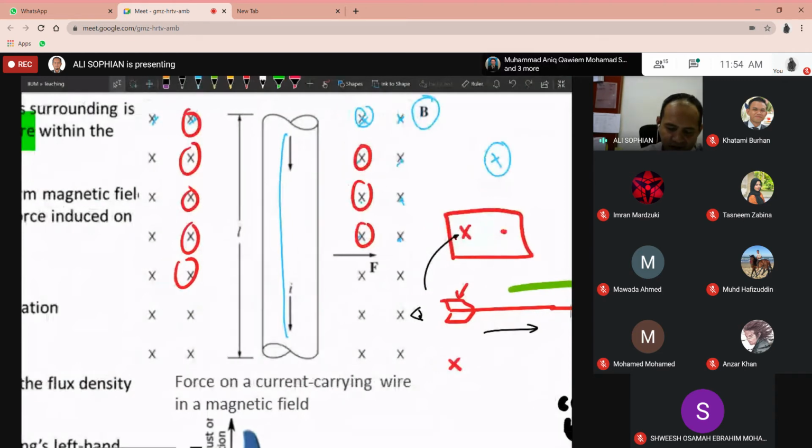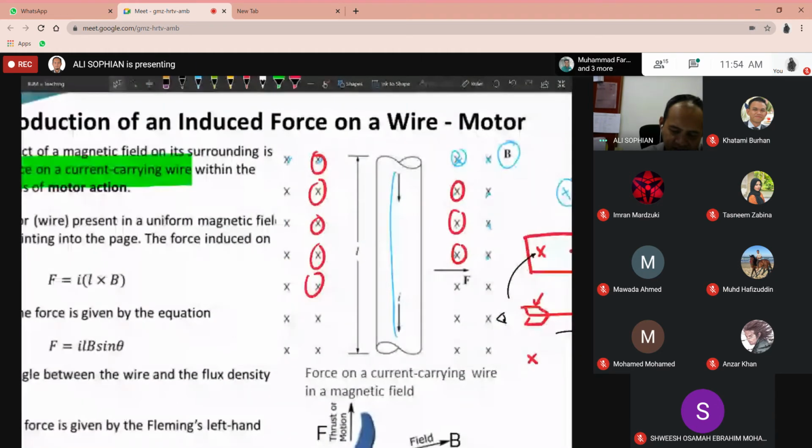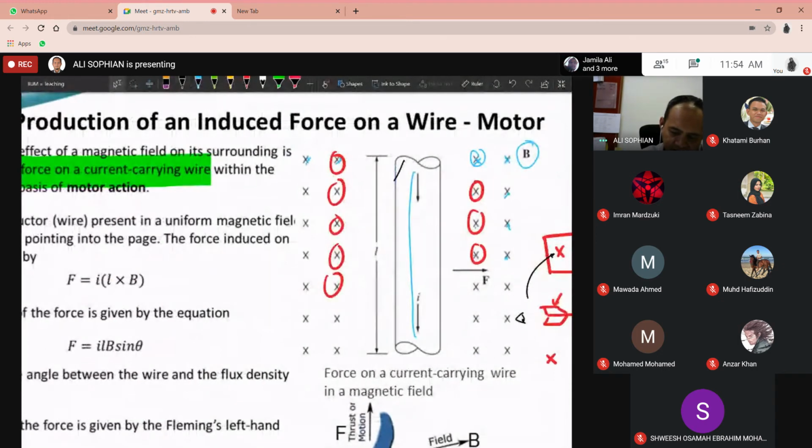Okay, now you've got this magnetic field, and then you've got this coil, this piece of wire. Then what happens? In the wire, current is flowing. You've got this current flowing downwards. Okay.